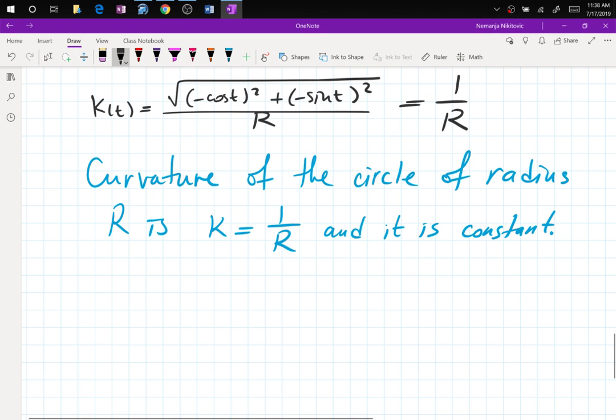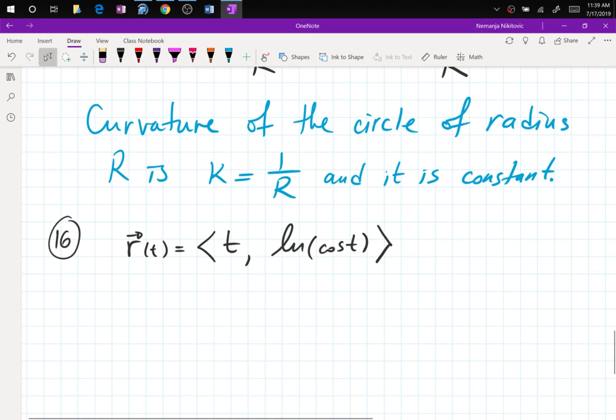Problem number 16. R of t is given as t, ln of cosine t. Now you might go, whoa, ln, hold on. We're doing derivatives, it's going to be easy and nice.